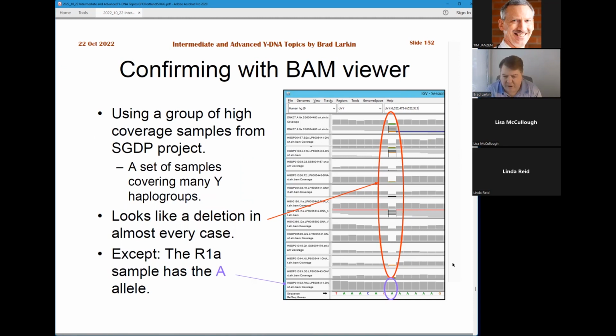There's a kind of a cross-section of humanity there. And you see that in every case, it looks like a deletion on the chromosome browser because the chromosome browser is going by the human reference sequence at the bottom with that A there in the purple circle. So that's what it looks like in a chromosome browser, but really ancestrally by the analysis and using the phylogenetic tree, we can conclude that really it was an ancestral insertion.